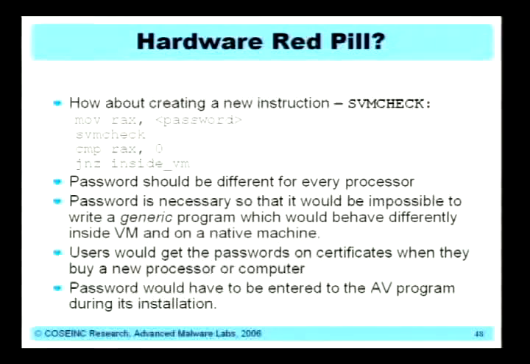Because then we could write a generic program which behaves differently inside a VM and outside a VM. But if we had this 64-bit password, which we get on a special certificate with a processor, so we buy a processor, we get a certificate and a password, and we enter this password into our antivirus program during installation, that should allow for detection.